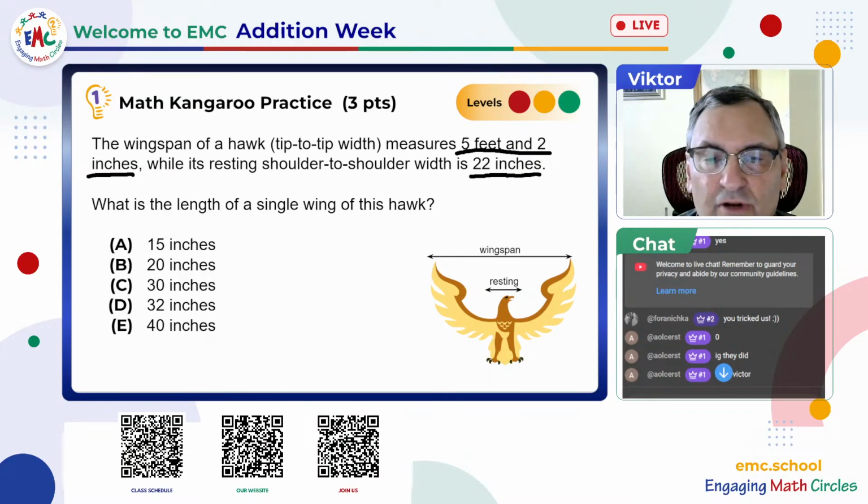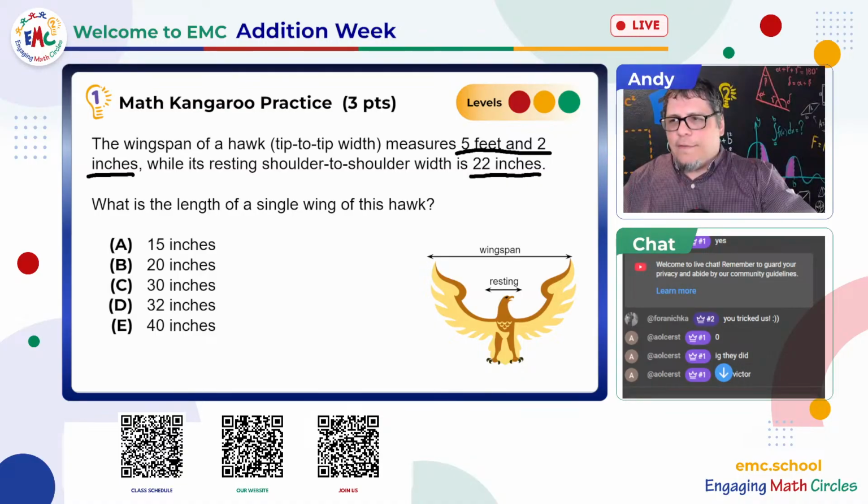So who knows how many inches in 1 foot? How many inches in a foot? We need to know that. 12 is correct.